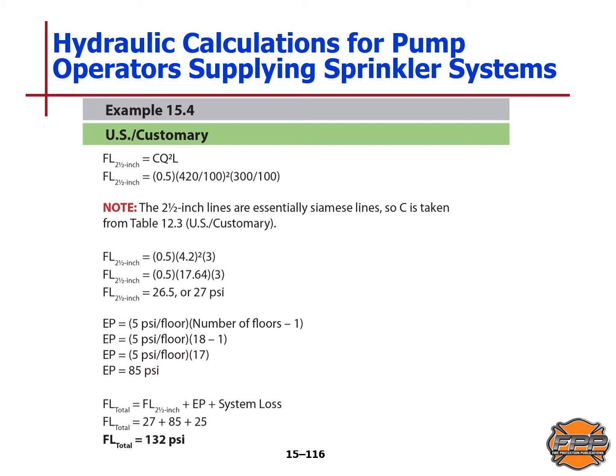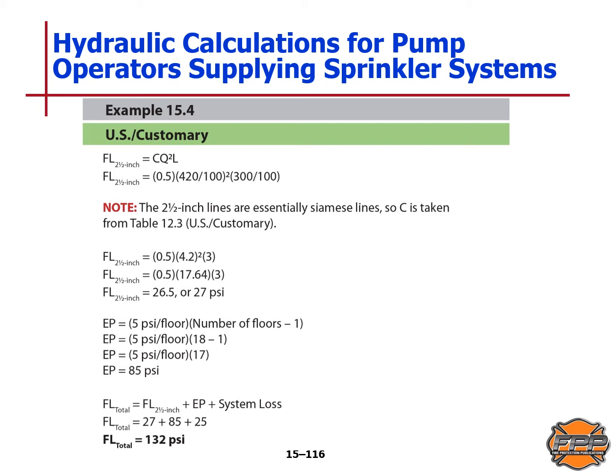And when we do all the math, we get friction loss for a 2.5-inch line at 0.5 times 17.64 times 3. And that comes out to friction loss for the 2.5-inch line at 26.5, which is rounded up to 27 psi.